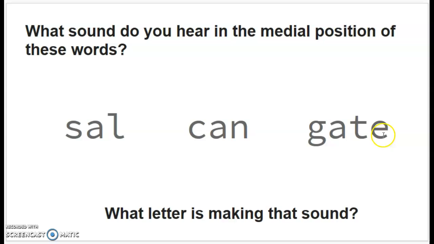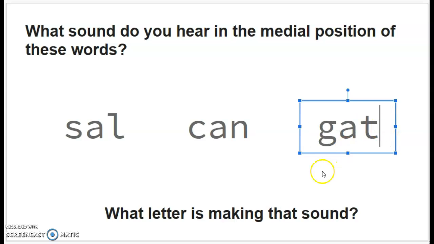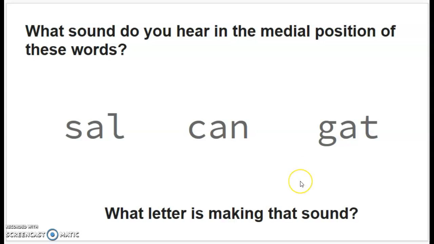Our sneaky E makes our A vowel say A, 'cause he got scared. G-ate. But if we take away our sneaky E, does that make our word sound different? G-a-t, gat. Yes, it does make our word sound different.